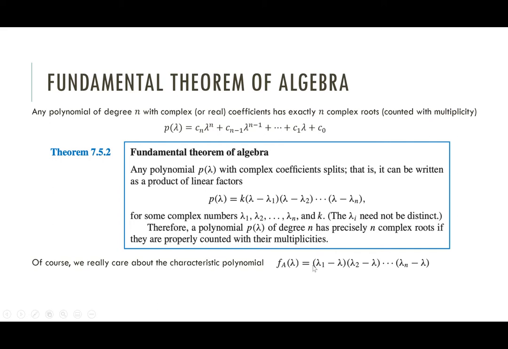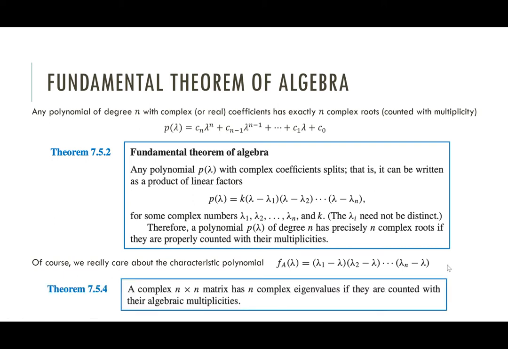Well, if you recall from the previous video, the characteristic polynomial has the leading coefficient Cn equal to negative 1 to the n. And so all I've done is distribute the n negative 1s to each of the linear factors, and that switched the order of lambda and lambda 1. So anyway, this really is the fundamental theorem of algebra applied to the characteristic polynomial of a matrix.